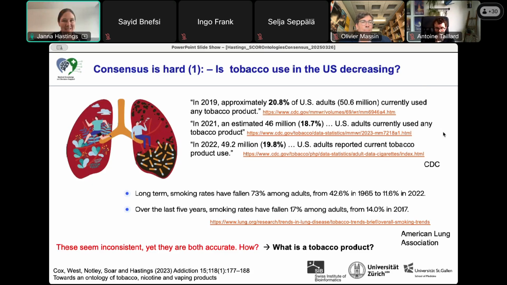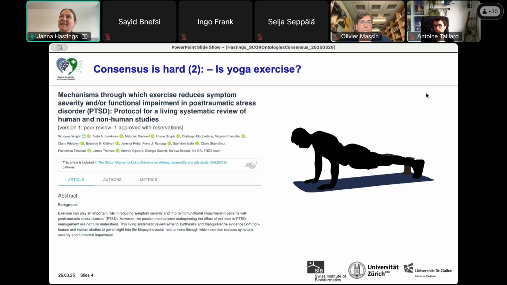So definitions matter. We as ontologists can all agree that definitions matter. And definitions can be peculiarly hard to figure out to answer a given research question.